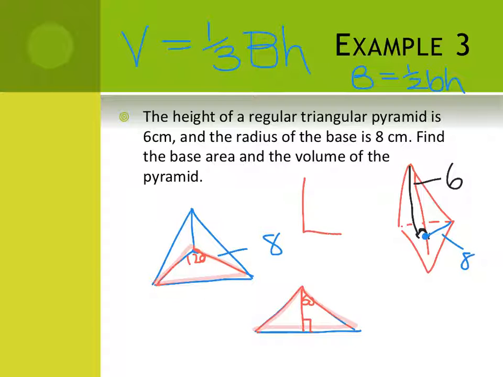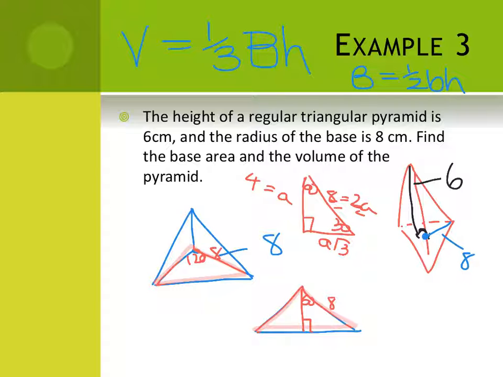So now if I work with that, 60, 30, 90, and I can see that my hypotenuse here, this 8, is here. So if that's equal to 2A, and then if my A is over here, then this is my A radical 3. So to figure out what A is, divide by 2, so A equals 4.